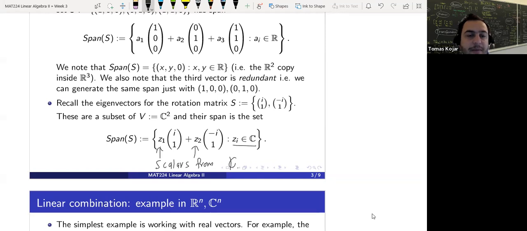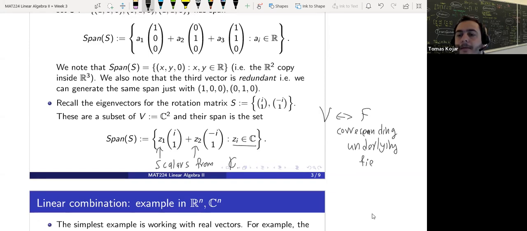Whatever the vector space is, every vector space has some corresponding field. So we always have some field in mind. We never just mean a vector space. We mean a vector space with some underlying field.